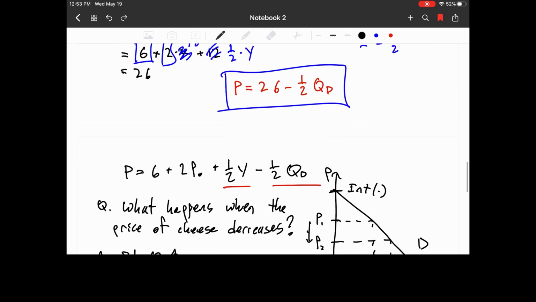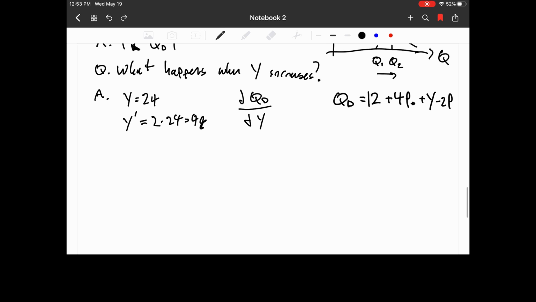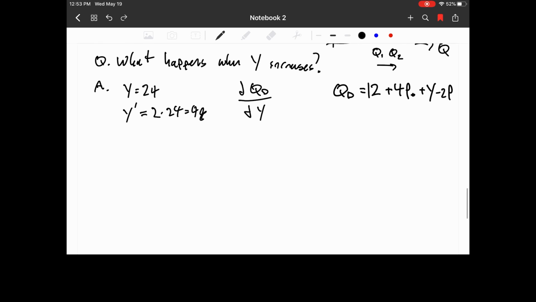And that looks correct. Okay, so the question here is what happens to quantity demanded when income increases? And this derivative is straightforward, and that's just 1. So this is greater than 0. So this means cheese is a normal good. As income increases, let's box this.